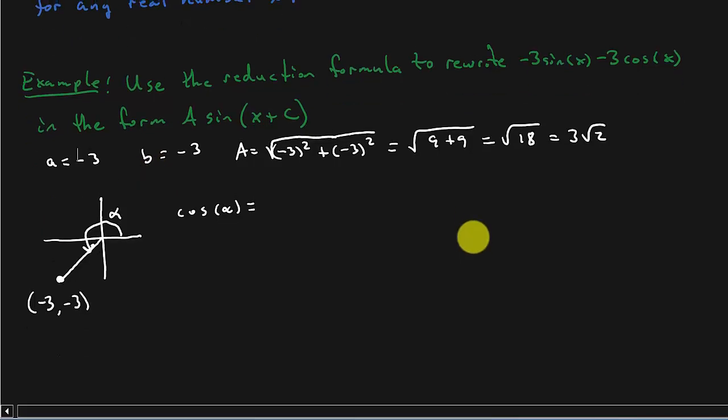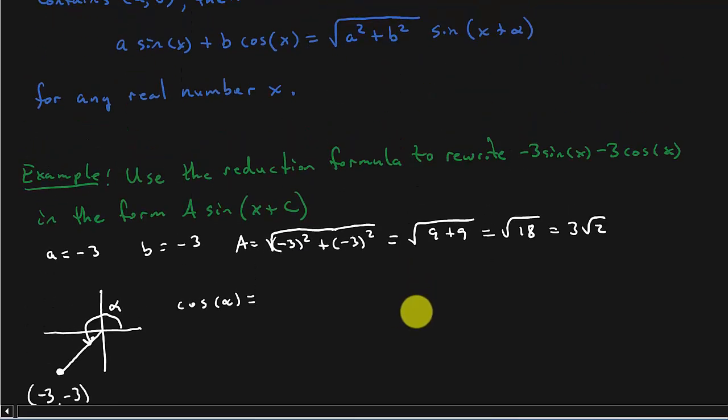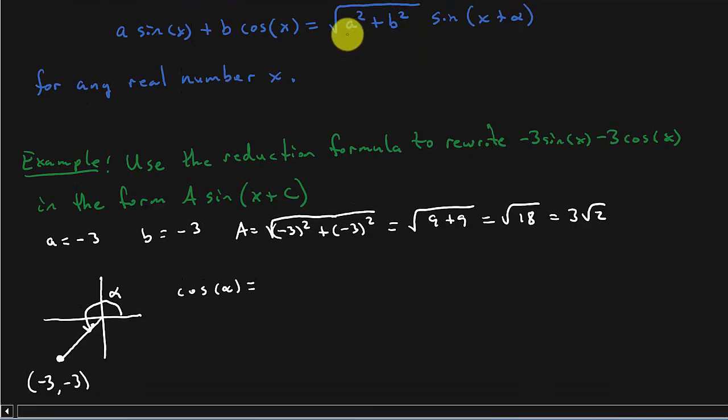So remember, cosine is X over R. And you see this right here where we did the square root of A squared plus B squared? Well, you can also look at that as R, right? The square root of that.